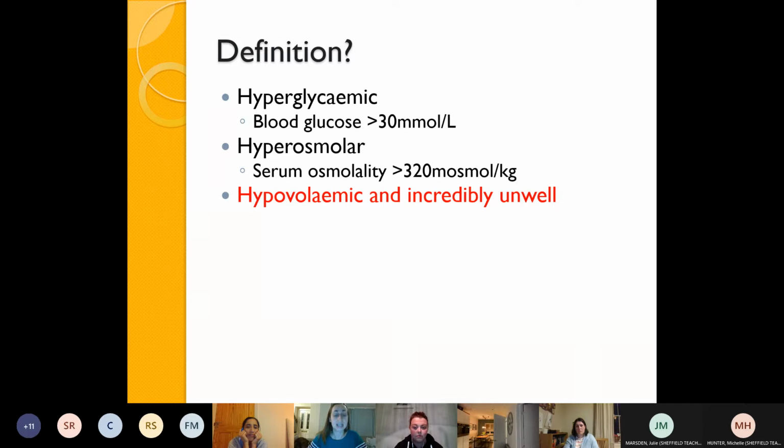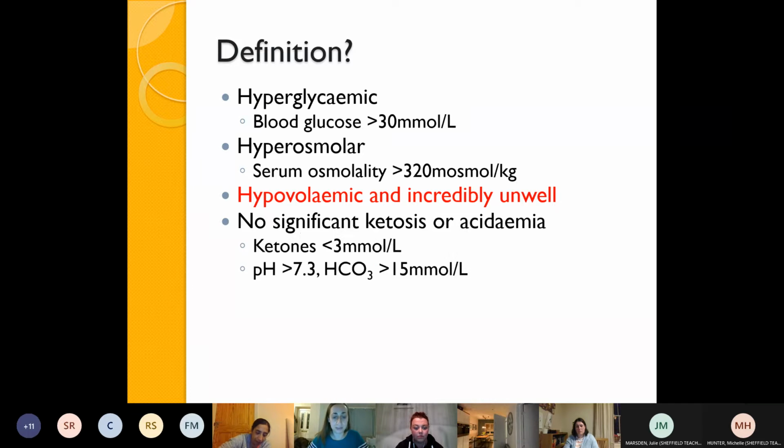This is important, and it's a bit more difficult to quantify. But essentially, you can get people that are just walking around hyperglycemic and are technically hyperosmolar, because the serum osmolarity is actually the sodium times 2 plus urea plus glucose. Some people that have poorly treated diabetes, type 2, that don't take their insulin, are always hyperglycemic.